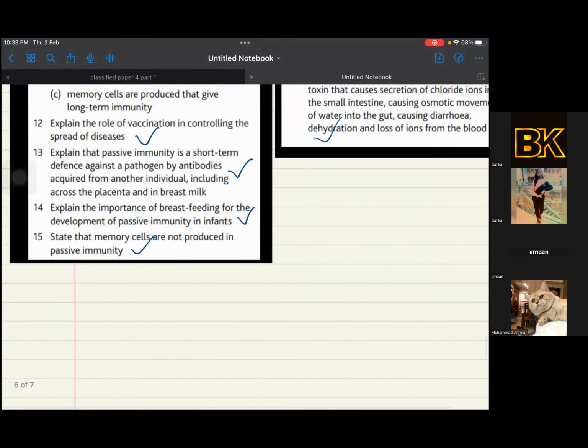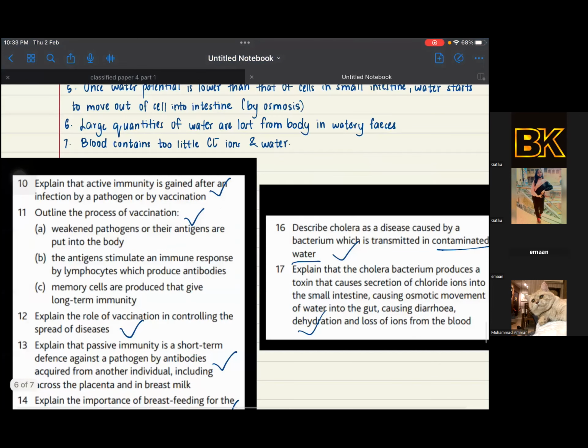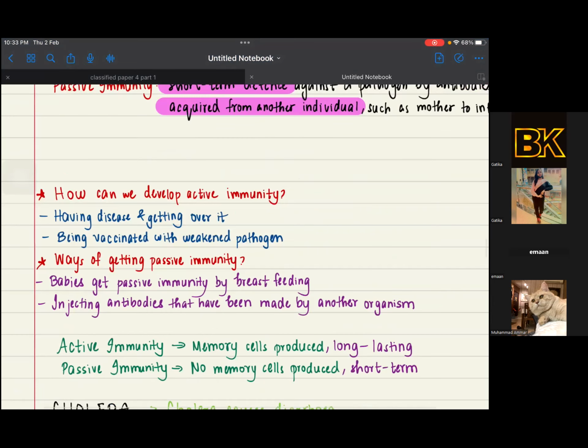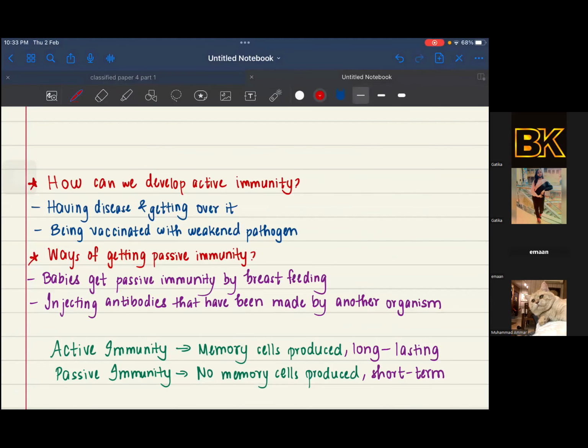One second, wait, I'll show you. Where did we do it? Yeah, right here. See, I showed you here, babies getting passive immunity by breastfeeding. So when a baby is getting breastfed, they're getting the antibodies from their mother. The mother is immune to that infection. She's passing on the antibodies to the baby. When they're passing the antibodies, if the pathogen comes, the antibodies will directly fight it off.